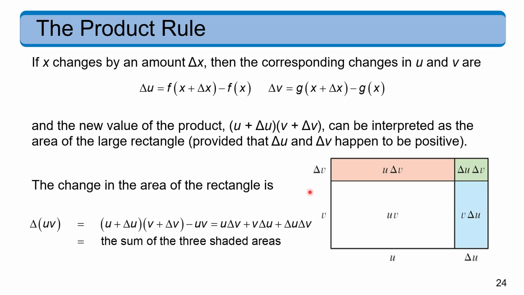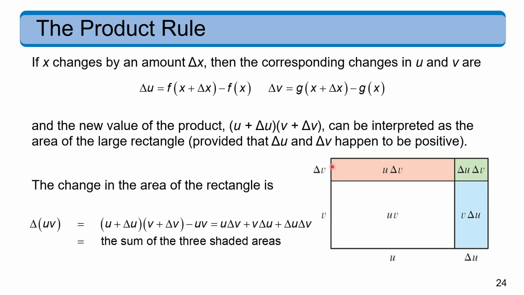So what we want to do now is figure out how much did the area change. Right, so we've looked at lots of changes. x changed by an increment delta x. That caused u and v to change. Right, u changed by an increment delta u, v changed by an increment delta v, which we've calculated here. And then, in turn, the area of the rectangle would change. Right, the original area was this white region.